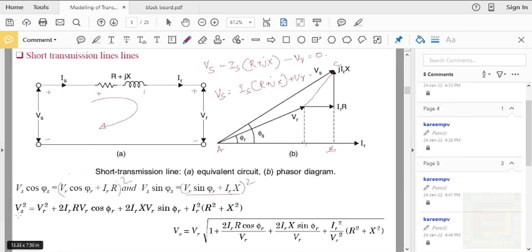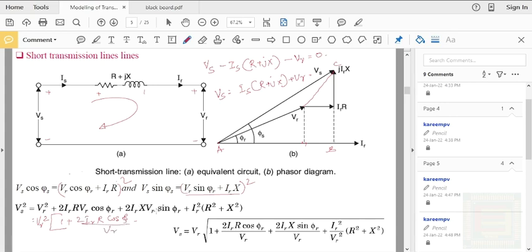And here you can see that this is the expression we have obtained: Vs square is equal to VR square plus 2 IR R VR cos phi R plus this term plus IR square into R square plus X square. From this you can see that VR square can be taken outside. So Vs square will be equal to VR square into 1 plus 2 IR into R cos phi R by VR, this term.